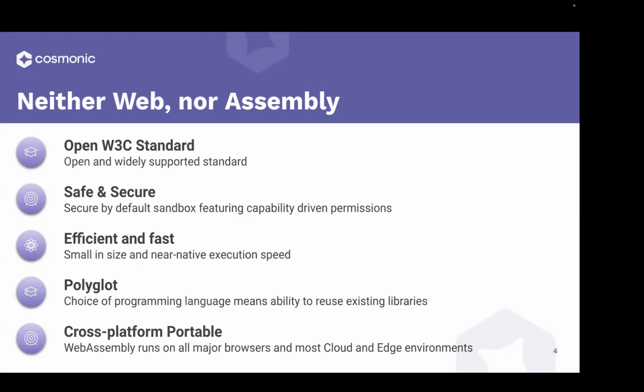Figma, the design app, uses it in their browser app, and there's a bunch of other companies that are using it. But it is a safe and secure sandbox, which is only given capabilities when requested. So you have to say that this particular module is going to run with these permissions for it to actually be able to use those. It's efficient and small.